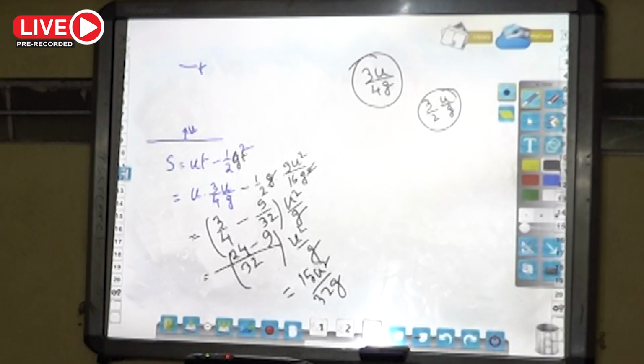We have to calculate the distance traveled separately for two parts. One is going up, other is partially going down. We have to calculate the distance traveled separately for the two parts and add.